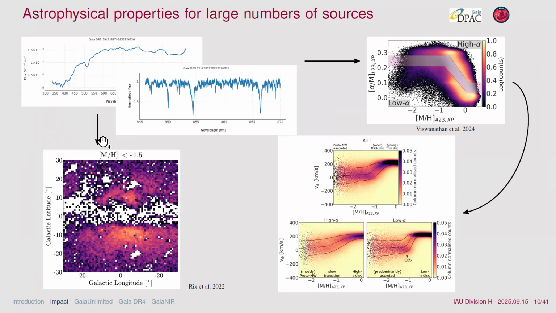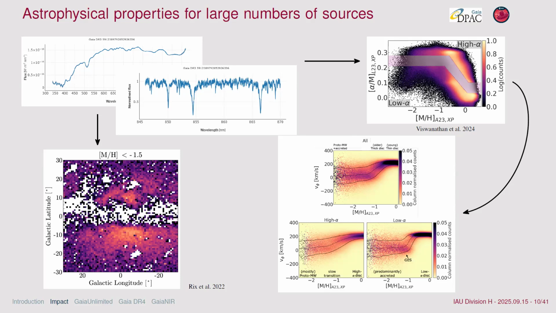And one of the things that was found on the basis of these low resolution XP prism spectra is by looking at a population of low metallicity red giant branch stars, they discovered a core in the center of the Milky Way, a population of stars at low metallicities that presumably forms one of the very first fragments of the coming together of the Milky Way as a galaxy.